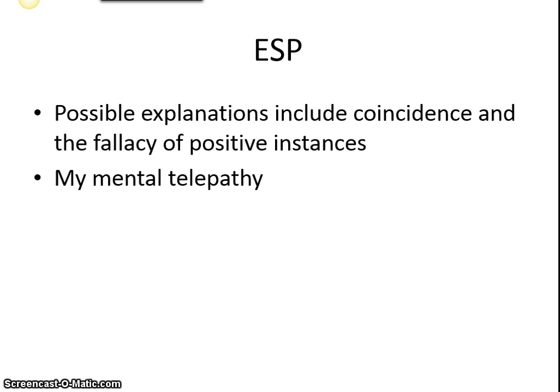So the lesson learned here in my little experiment with you is that possible explanations include coincidence and the fallacy of positive incidences. And what I mean by that is we attribute an erroneous perception to sensory input.